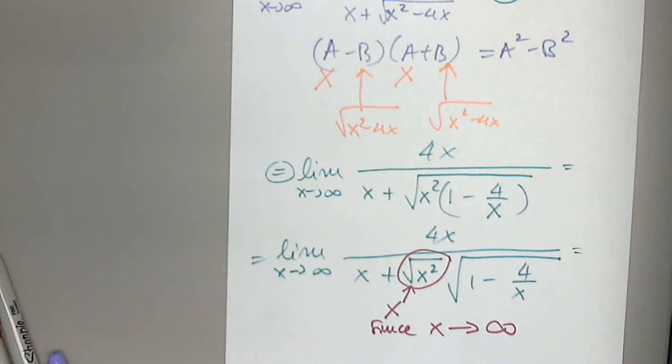Timo? I'm not canceling the radical. I'm saying the square root of x squared. You couldn't have canceled each other out, the square root and the radical, in the step before that?